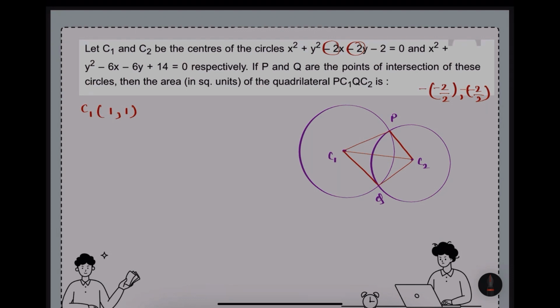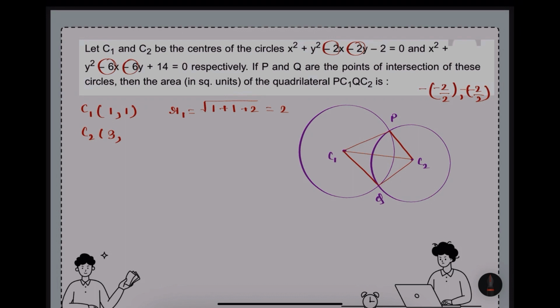Also go with the radius. You know it is the square root of g square plus f square minus c. So it will become 2. So you got the center, you got the radius. Now go with center 2. Coefficient of x divided by 2, so minus 3, then multiply by minus. So it is 3.